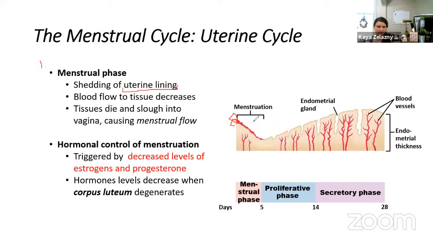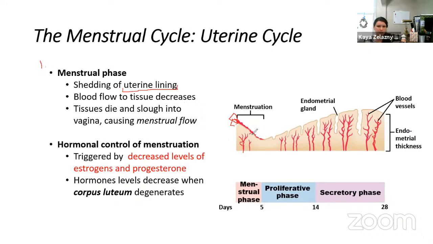As it pulls away, this does cause bleeding because the endometrium is vascularized. It has blood vessels in it, and we can see them here. This is important because those blood vessels are going to be important for getting blood flow to a developing fetus, eventually, as well as supporting the activity of the uterus itself. It's going to cause bleeding when the uterine lining sheds, but to mitigate that, the blood flow to these tissues does decrease.